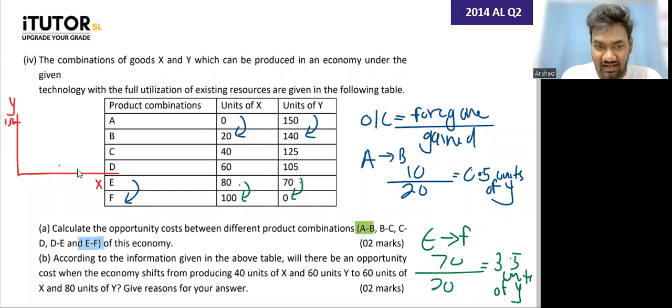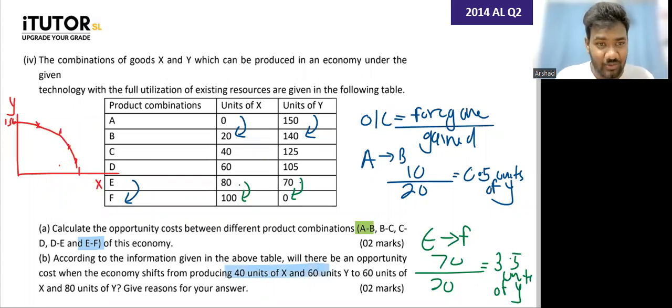The other one is 100 X, 0 Y. So the PPC is like this. Then you mark all the points A, B, C, D. Then go and see where the point of 40 units of X and 60 units of Y is.